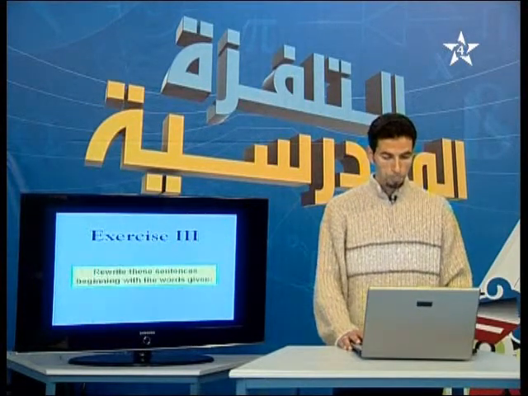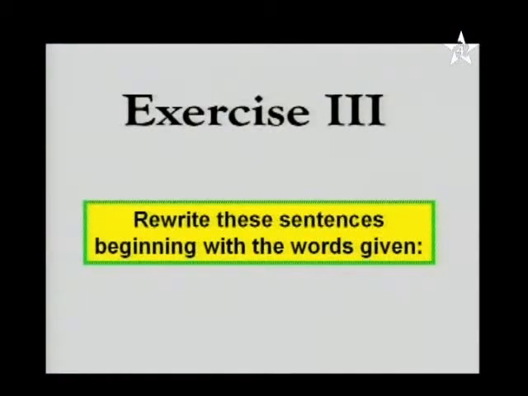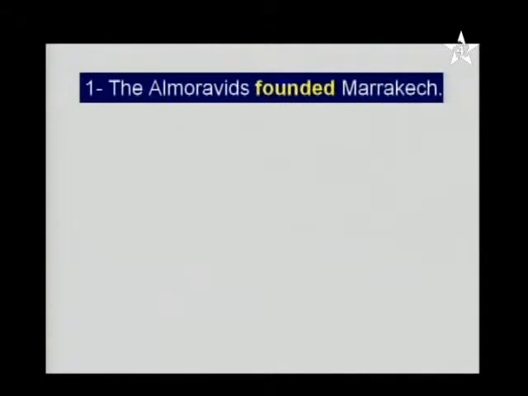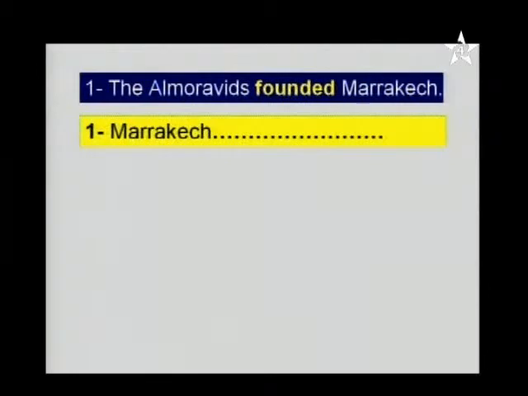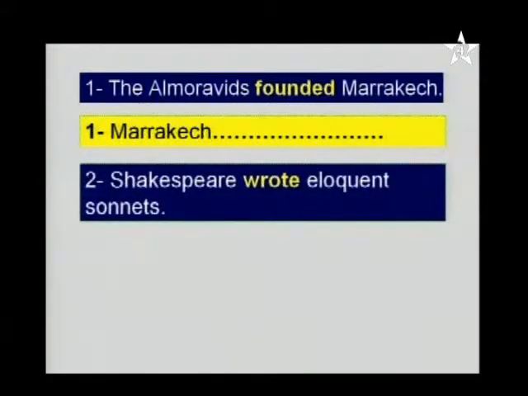Exercise 3. Rewrite these sentences beginning with the words given. Same rubric. Number 1. The Almoravids founded Marrakesh. It's a Moroccan dynasty. Marrakesh, and you finish the sentence in passive, of course. Number 2. Shakespeare wrote eloquent sonnets.